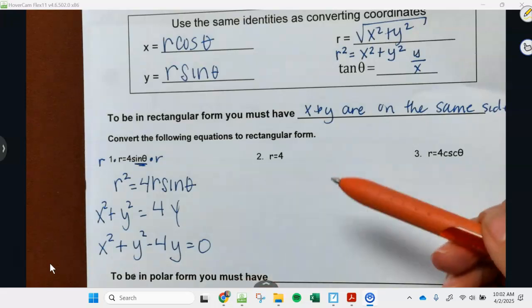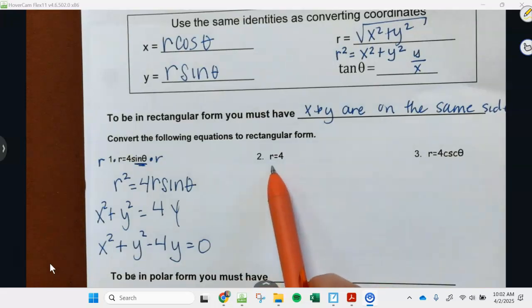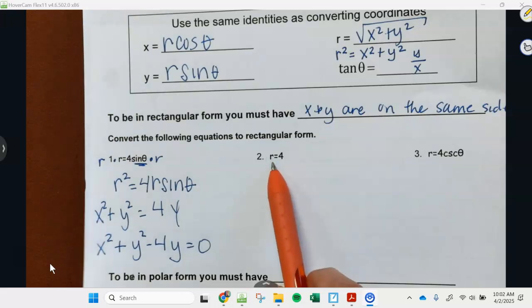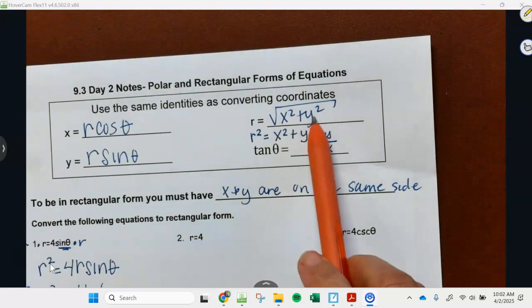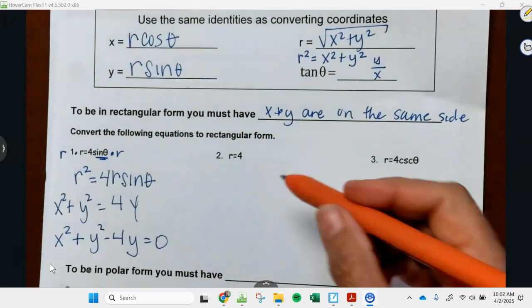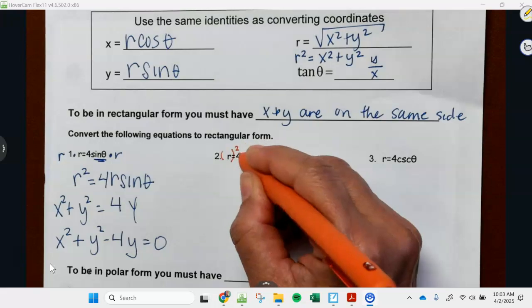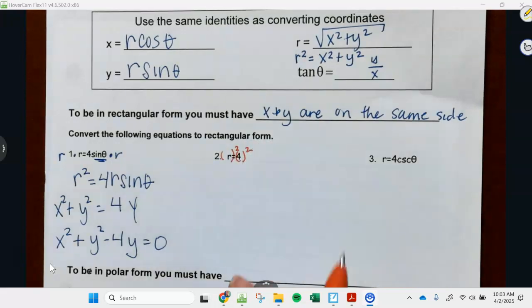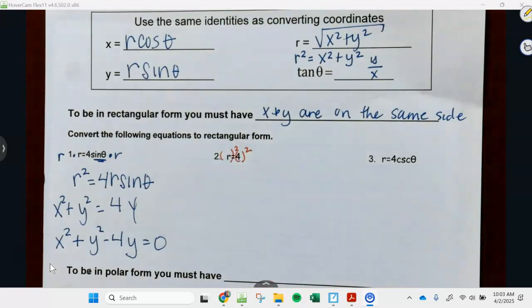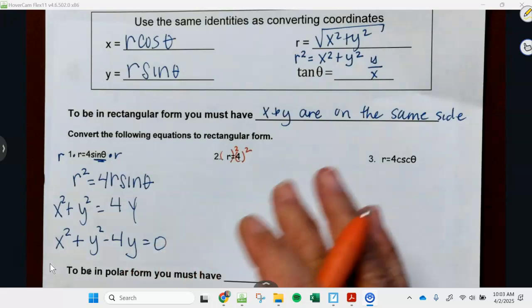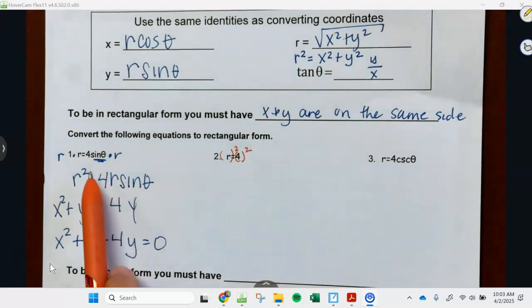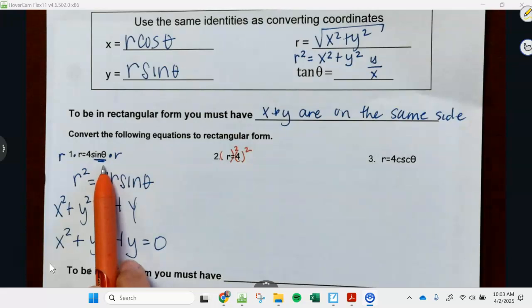Okay? So, let's talk about number 2. Number 2, we have a plain r, but y'all, we can't write rectangular form with a root. So what I'm going to do here is I'm going to square both sides. And I know this is kind of new, so let me just reiterate why I squared this versus why I multiplied both sides by r.